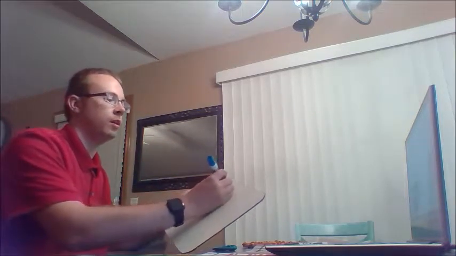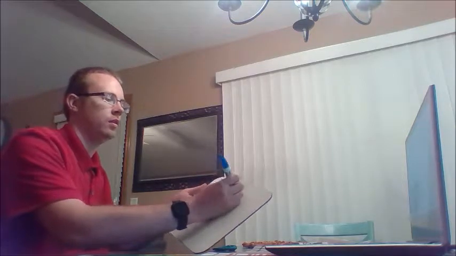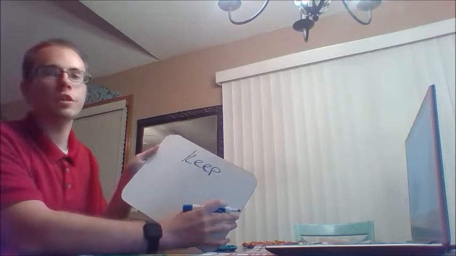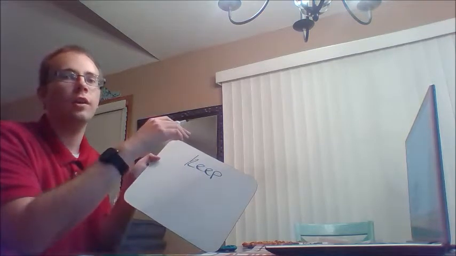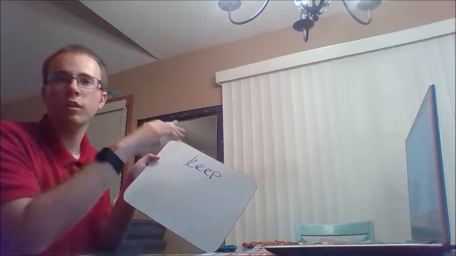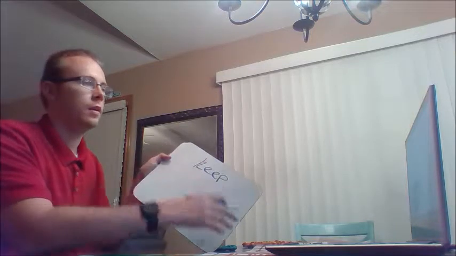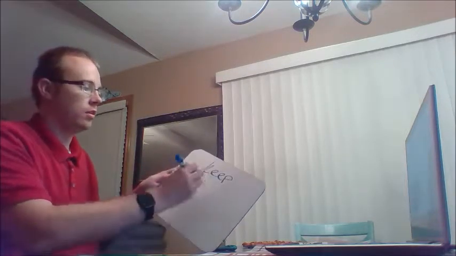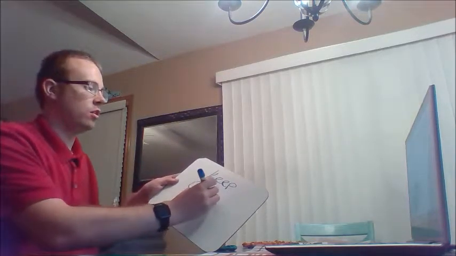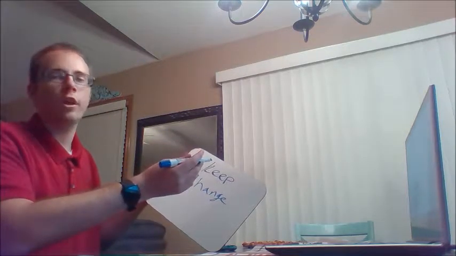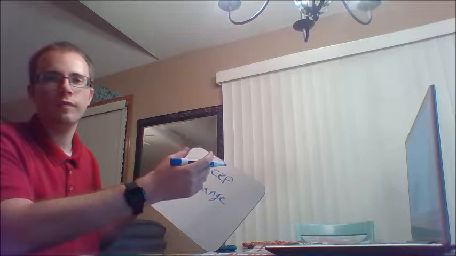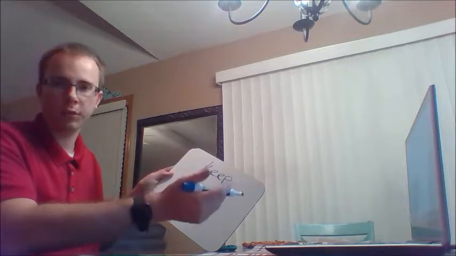So first, we want to keep the first number the same. If it's a whole number, keep it the same. If it is a fraction, keep it the same. Change is what's next. Change the operation from division to multiplication.